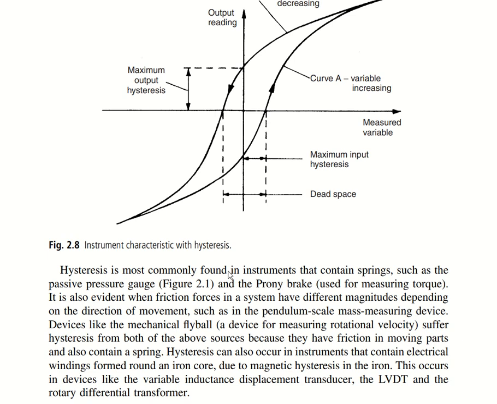Hysteresis can also occur in instruments that contain electrical windings formed around an iron core, due to magnetic hysteresis in the iron. And we all know which device we are talking about, right? Transformers. This occurs in devices like the linear variable differential transformer, also known as the LVDT, and the rotary variable differential transformer, RVDT.